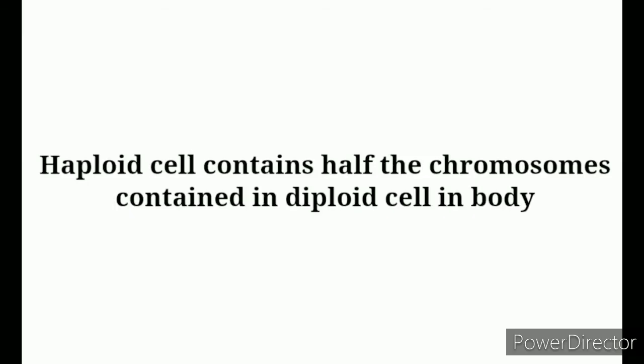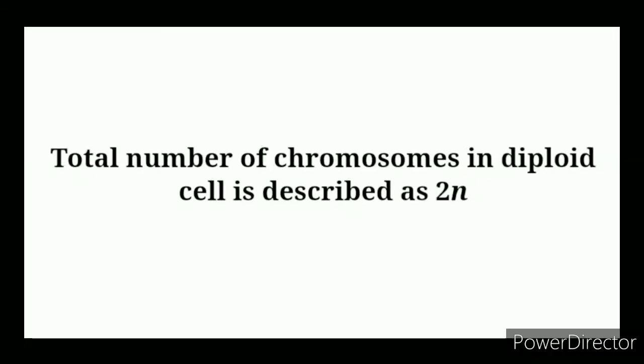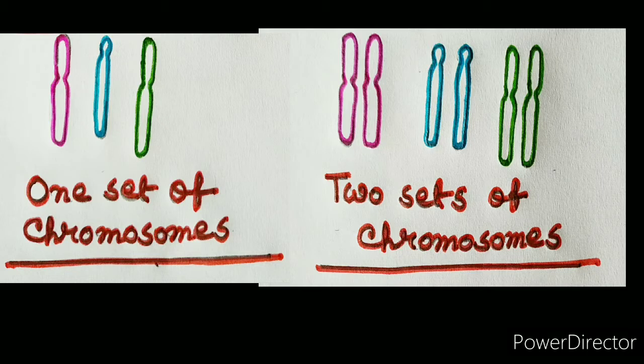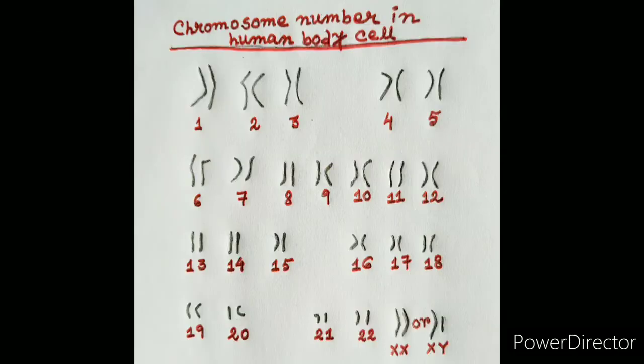So, the haploid cell contains half the chromosomes contained in a diploid cell in the body. The total number of chromosomes in a diploid cell is described as 2n, meaning twice the number of chromosomes in a haploid cell. In case of humans, a total of 46 chromosomes, or 23 pairs of chromosomes, are present in each diploid cell.